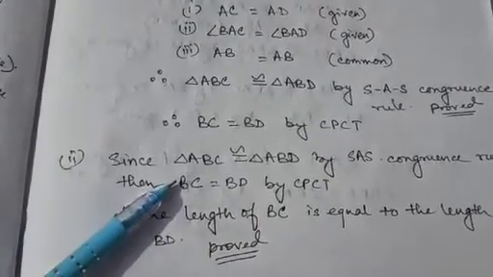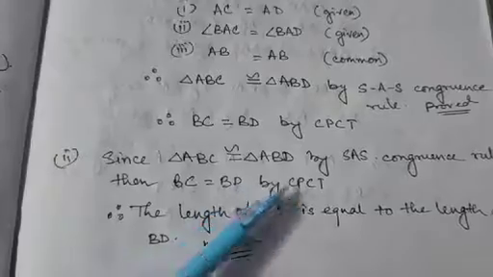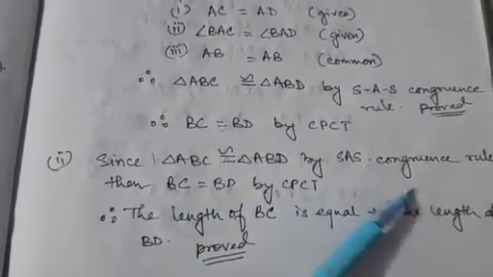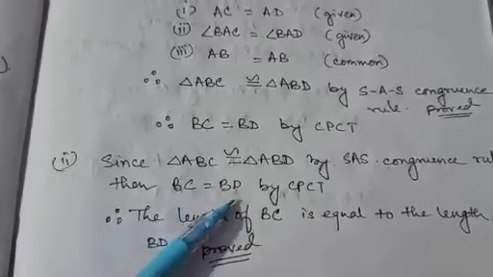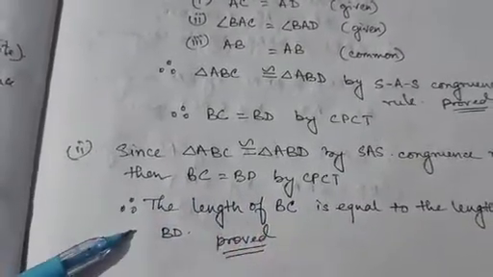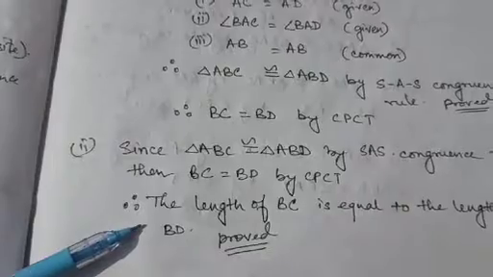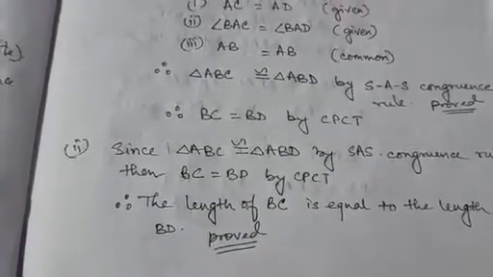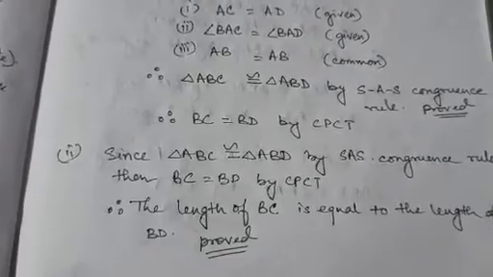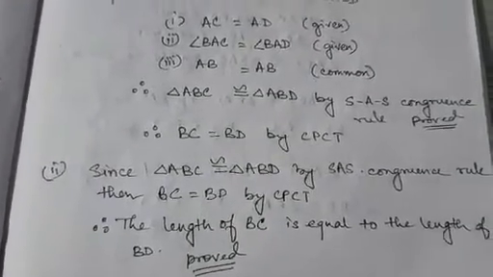Since triangle ABC is congruent to triangle ABD by side angle side congruency rule, then BC is equal to BD by CPCT. Therefore, the length of BC is equal to length of BD. So this is the first sum of exercise 7.1.